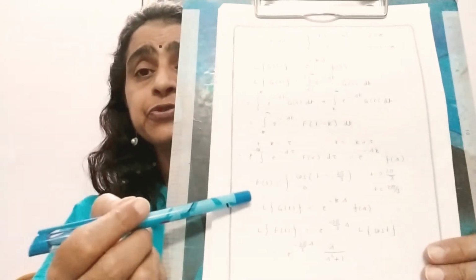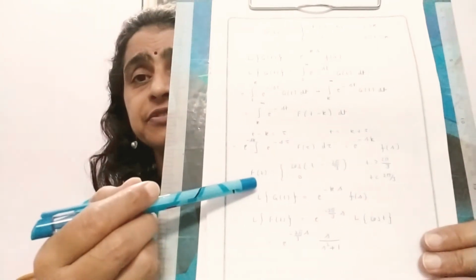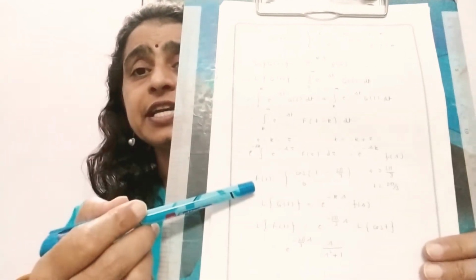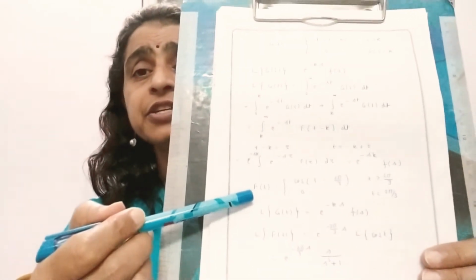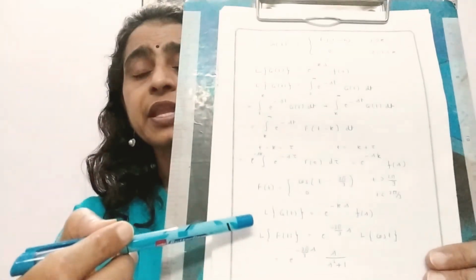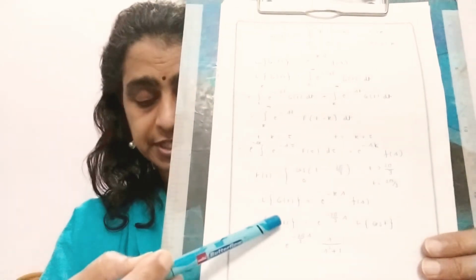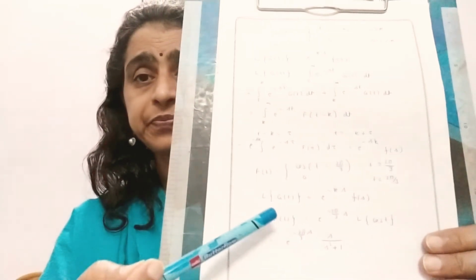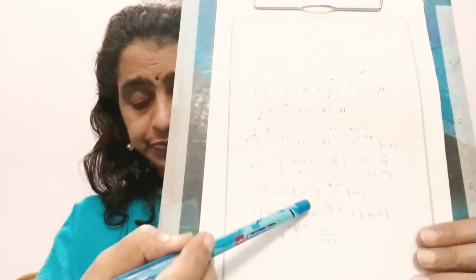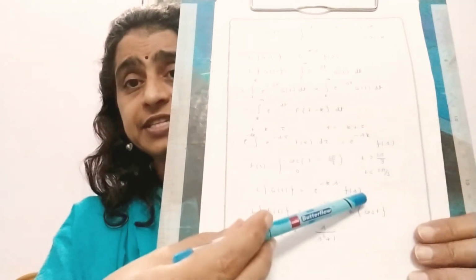Now we want to find out the Laplace transform of this function. To find the Laplace transform of this function, which is comparable to this function, we will use our formula which is given by this equation: L of g(t) is equal to exponential of minus ks into F(s).